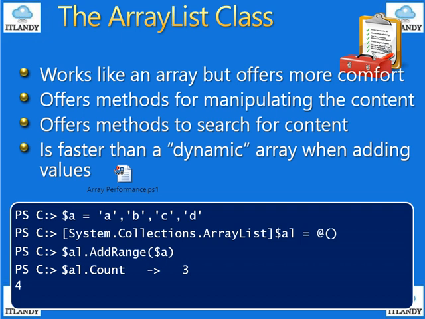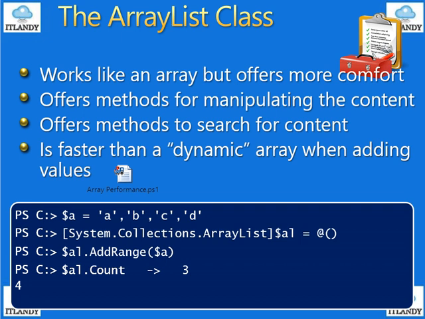To use an array list, you have to use the methods the class provides. For example, the plus equal operator does not work and the Add method is required to be used.